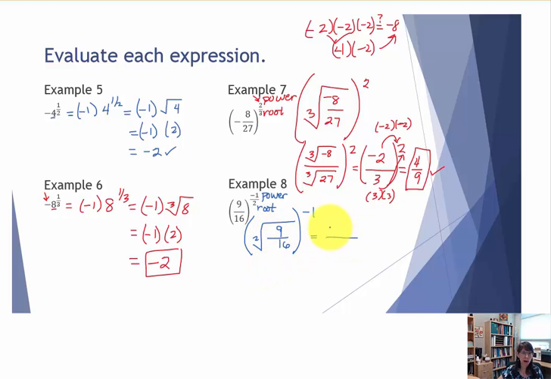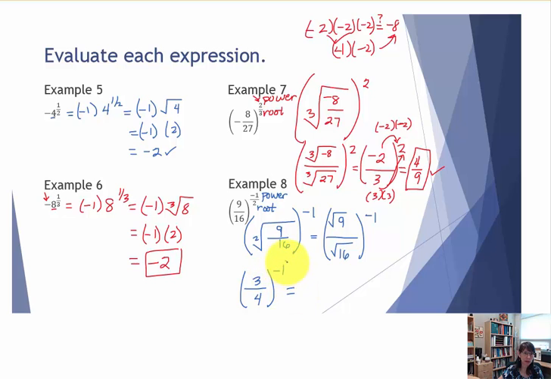So breaking this apart using our quotient rule, we're looking for square root of 9 divided by square root of 16. Then we'll raise that to the power of minus 1. So our square root of 9 is 3, square root of 16 is 4. So now we know that 3/4 is raised to the power of minus 1.